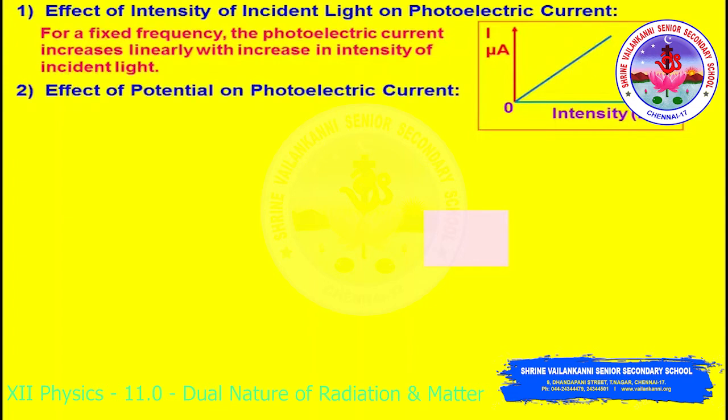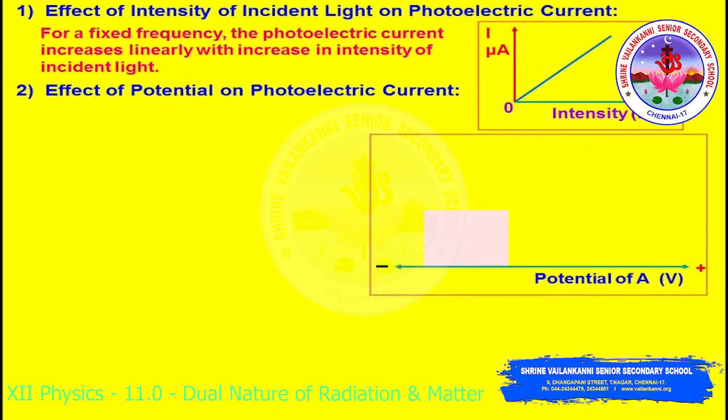Next, the diagram gives the variation of photoelectric current with anode potential.